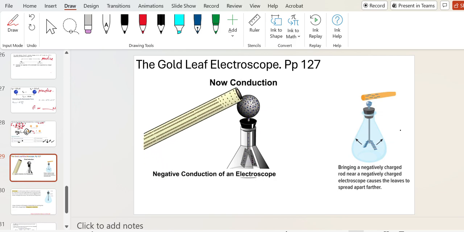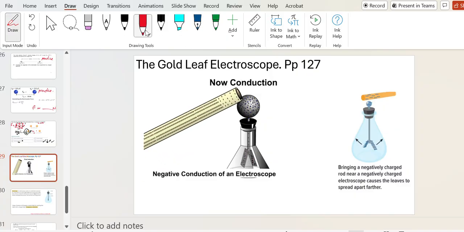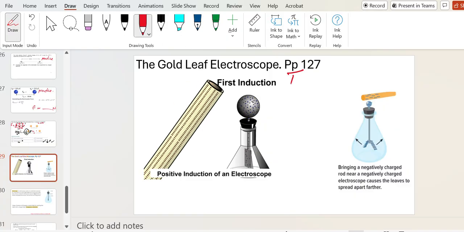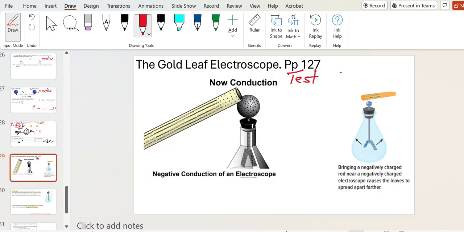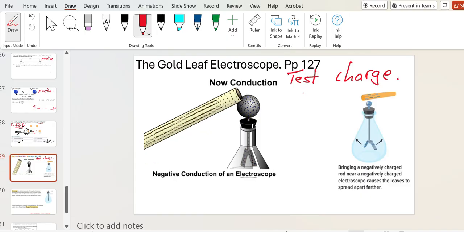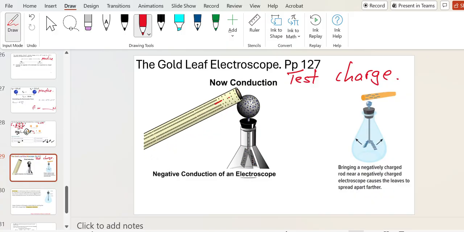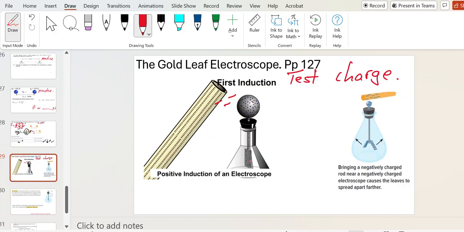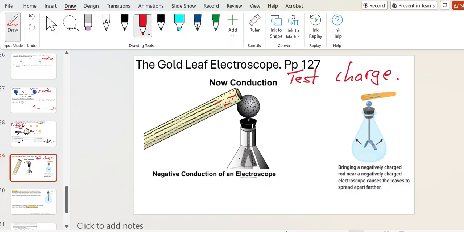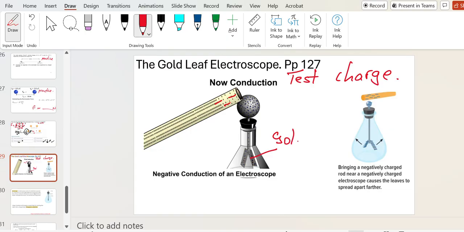The last one, the gold leaf electroscope. Look at this one. We use it to test charge. Look what happens if you bring a negatively charged object. The plates, or the gold leaf, these ones are called gold leaf.